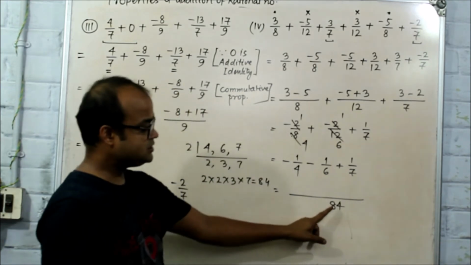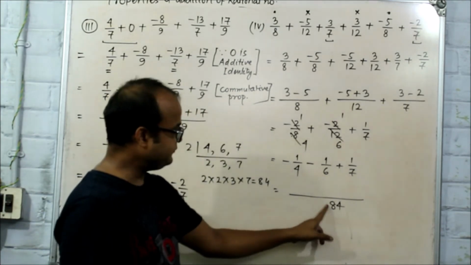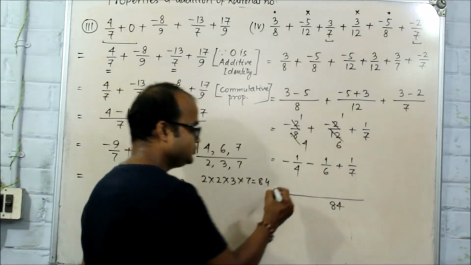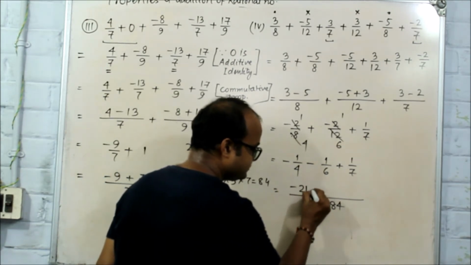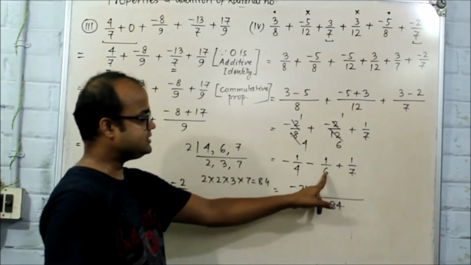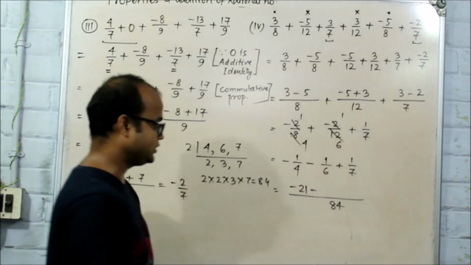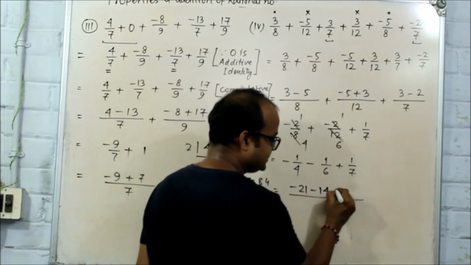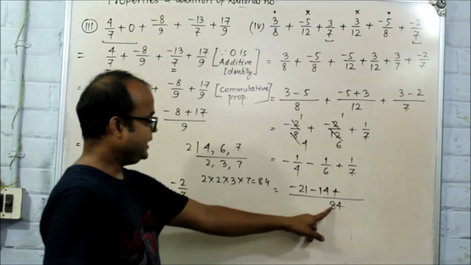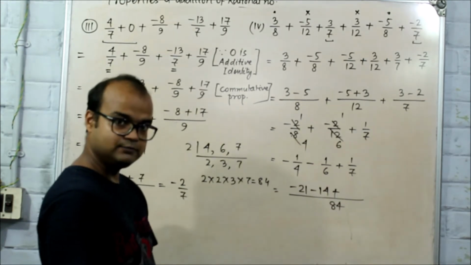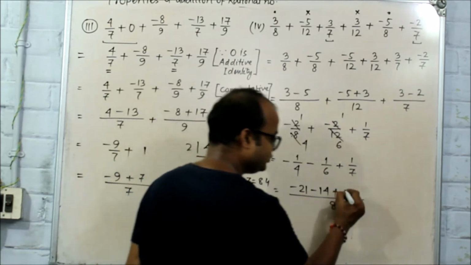Now the process is LCM, that is 84 divided by 4, that is equal to 21. So minus 21. 84 divided by 6 is equal to 14, multiplied by 1, that is 14 only, plus 84 divided by 7, 12 7s are 84, so it is equal to 12.